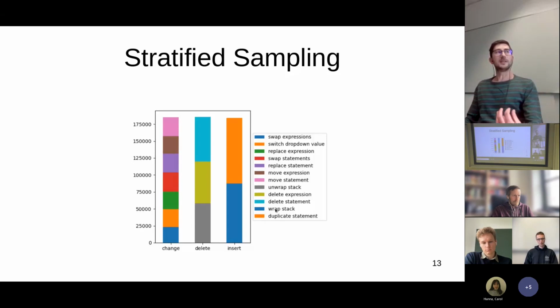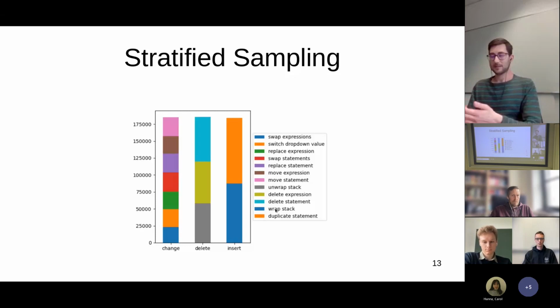So usually you select every operator with the same probability. And when more operators exist that delete things than operators that insert things, you will end up with an empty program eventually, or the chances of that happening are rather high.